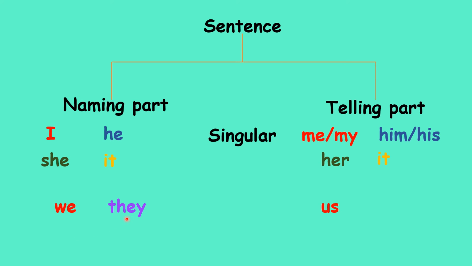For the pronoun they in the naming part, you use them or their in the telling part. They are my grandparents. I help them. These pronouns are used in the plural for plural nouns.